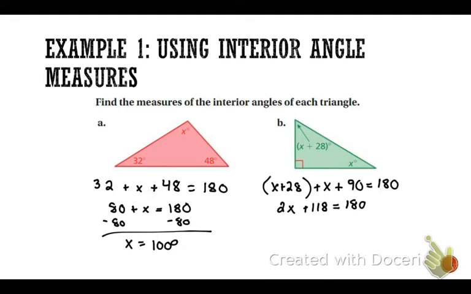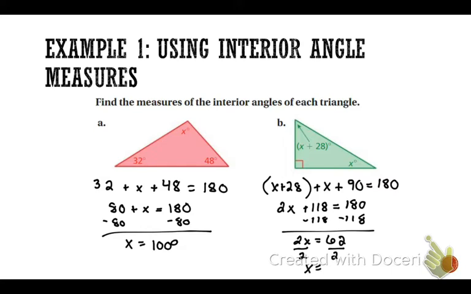How do I get 118 to cancel to the other side? Subtract it. 2x equals 62. Now how do I solve for x? Divide by 2 on both sides.